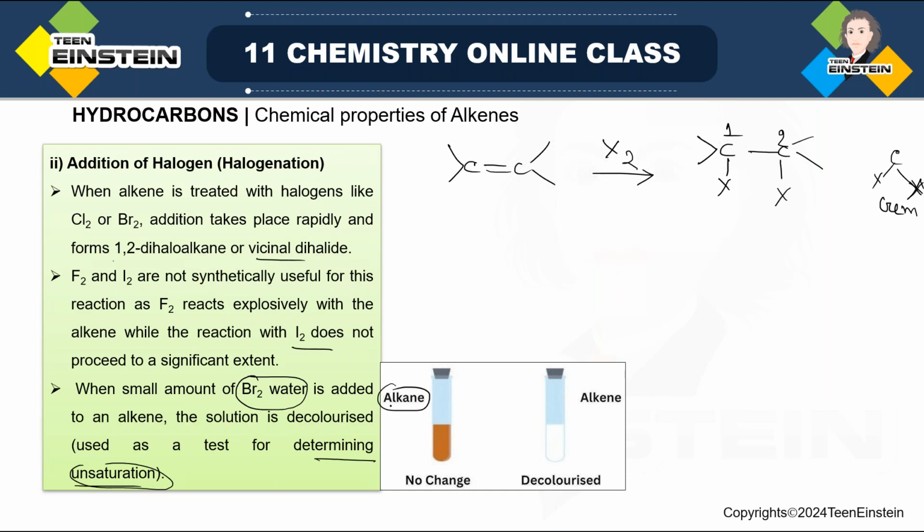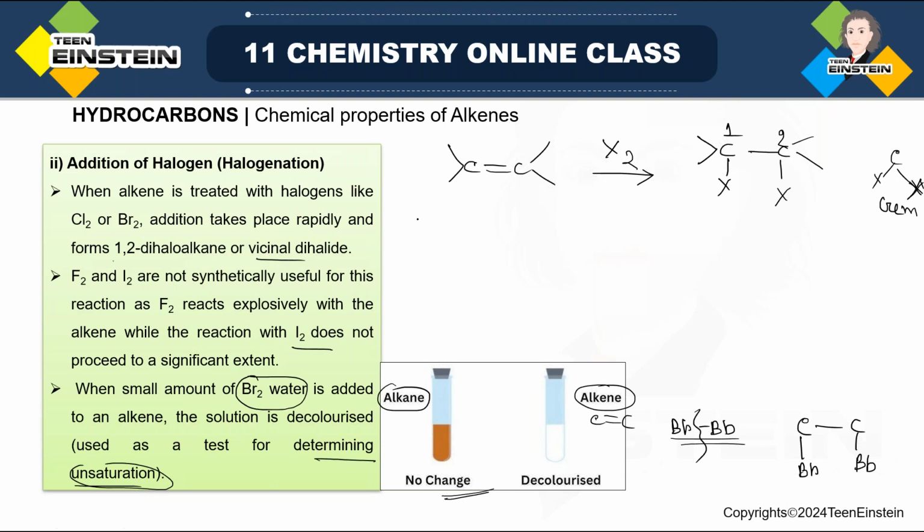If your sample is an alkane, the color will still be present. There is no change in the reddish brown color. But if the sample contains a C=C double bond, now the color will be gone. Why is it so? Because this bond is now broken and there is formation of C-Br bonds. So that is why the color is discharged.